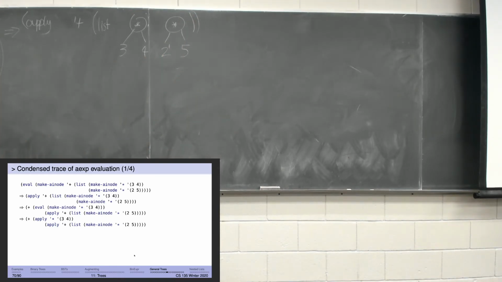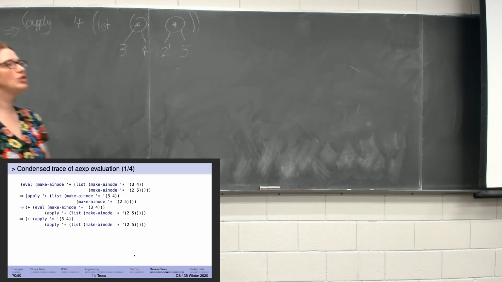I find it a lot easier to trace these functions, by the way, by replacing all the structure nonsense with an actual picture of the tree you're working with. Because then it's very clear. This is the tree I have. All right. So I'm going to apply a plus to my children here.